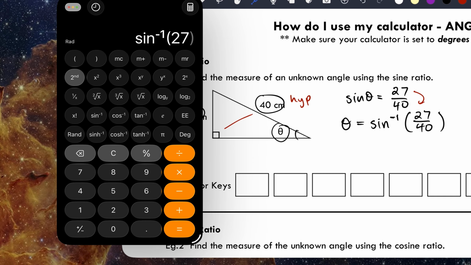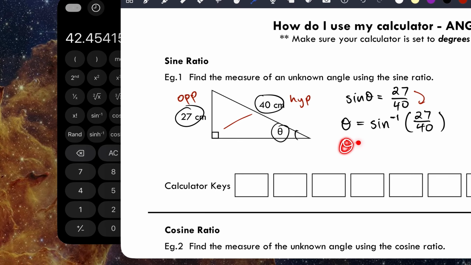27 over 40. Close the bracket, use brackets, make sure the complete fraction's inside that bracket. And then you get your answer. So theta is about 42 degrees.